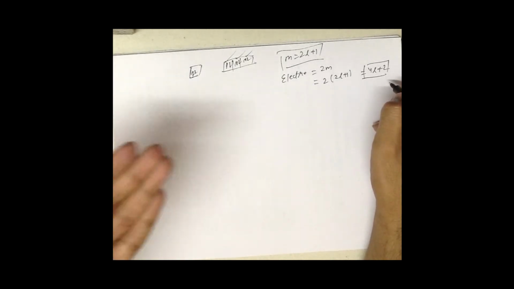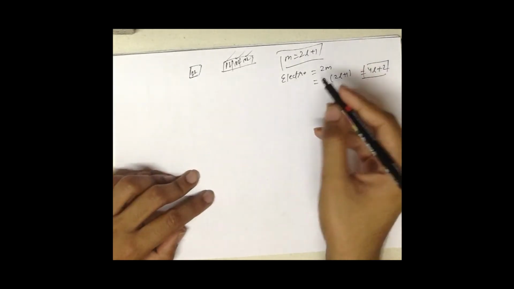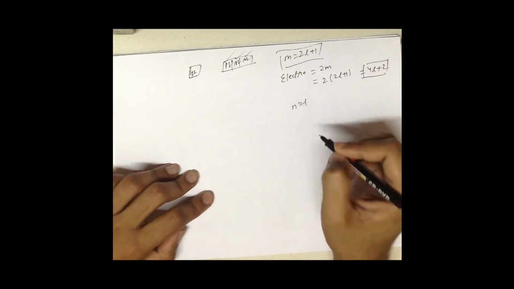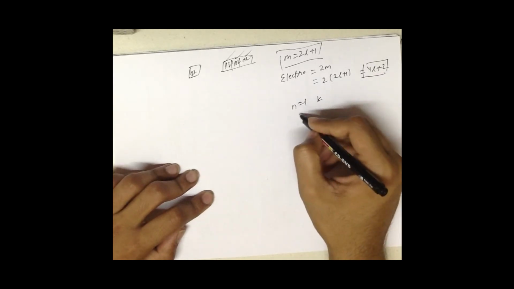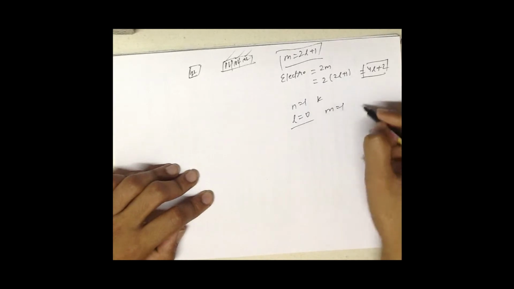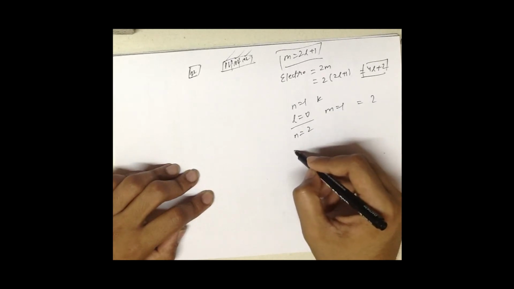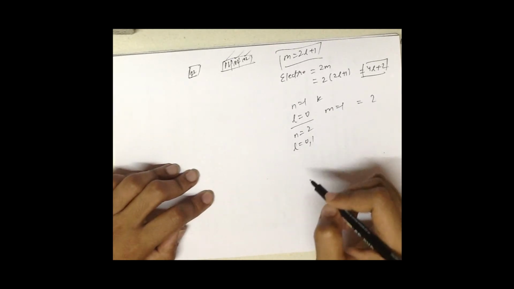So now you can see that I told you the number of electrons in the following shells, that is n equal to 1, 2, 3, 4, was 2, 8, 18 and 32. So from here, if n is equal to 1, that is the K shell, L has to be 0, m has to be 1, so it can contain 2 electrons. For n equal to 2, L has 0 or 1.